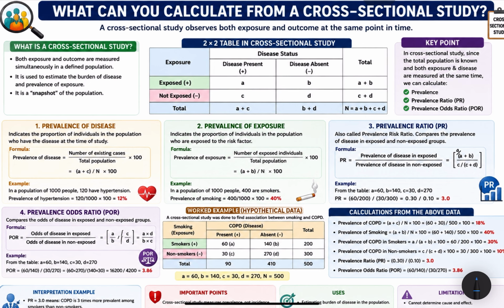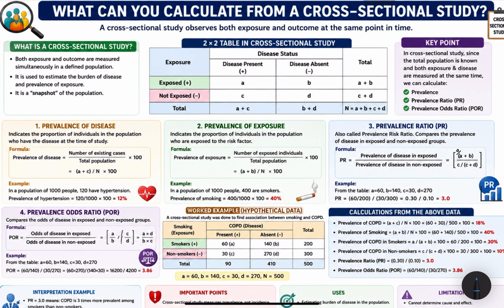So these are usually calculated. Prevalence of disease indicates the proportion of individuals in a population who have the disease at the time of study. So at the time of study, how many people have the disease is identified by prevalence of the disease. The prevalence of disease is number of existing cases upon total population into 100.